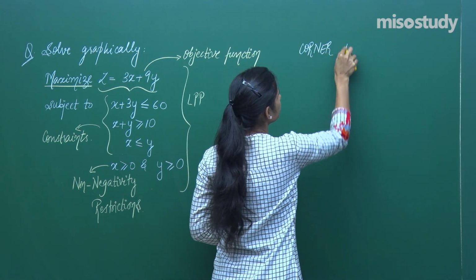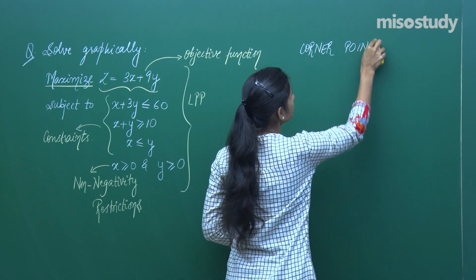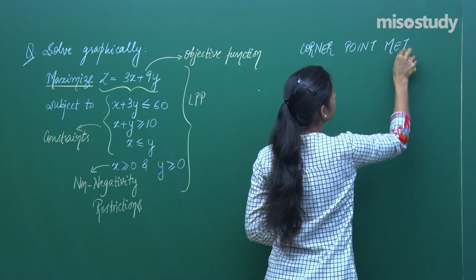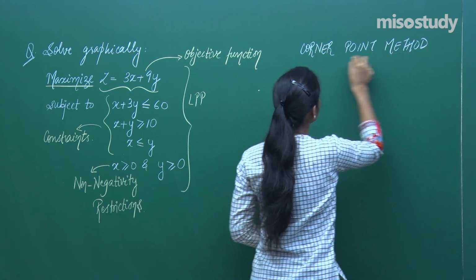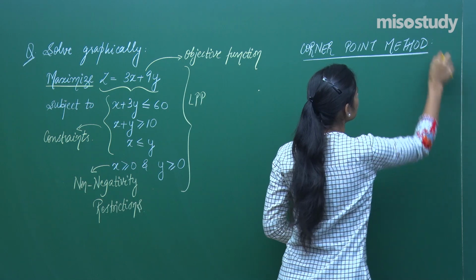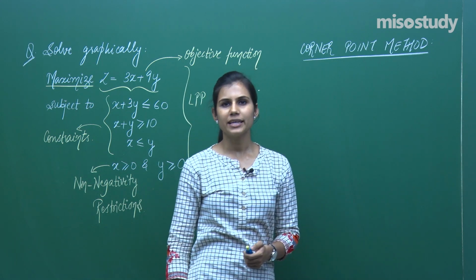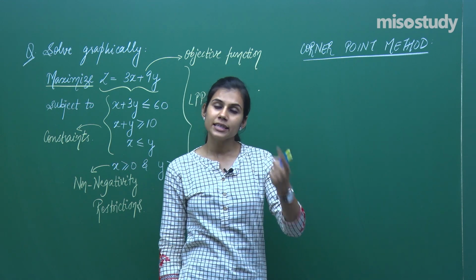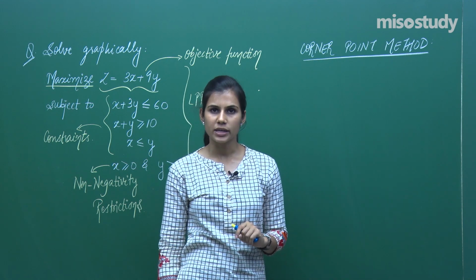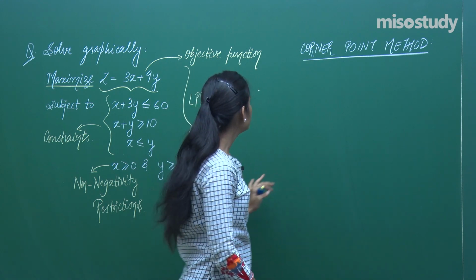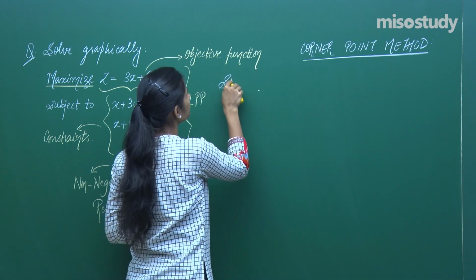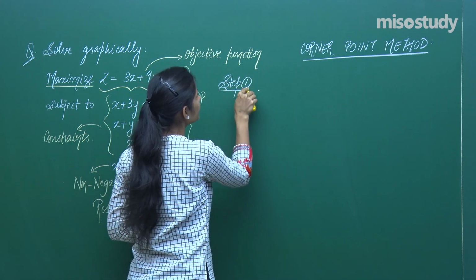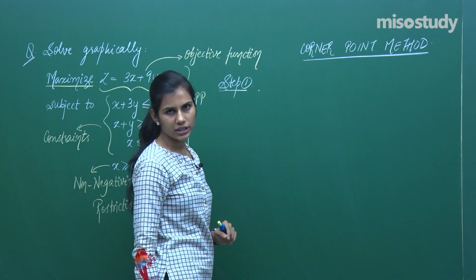What does it say? The corner point method in the very first step says to obtain the feasible region of the LPP and identify the corner points by inspection, or by solving the two equations of the lines whose intersection is that corner point whose coordinates are unknown. So step number 1 will always be to obtain the feasible region.